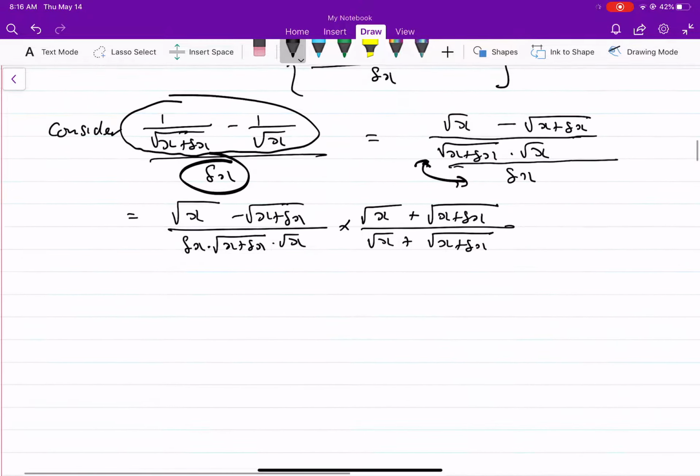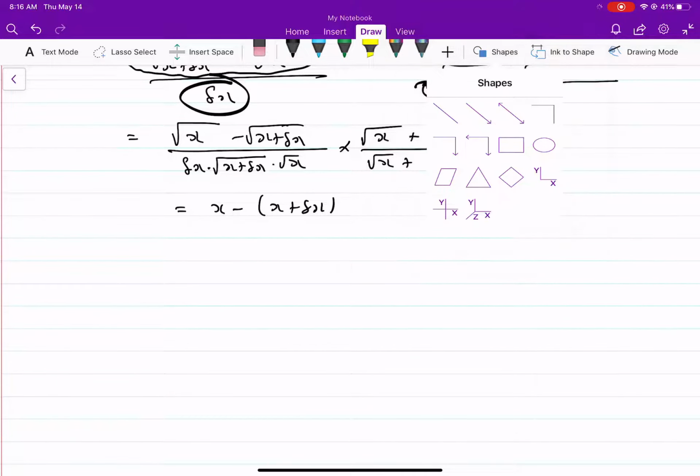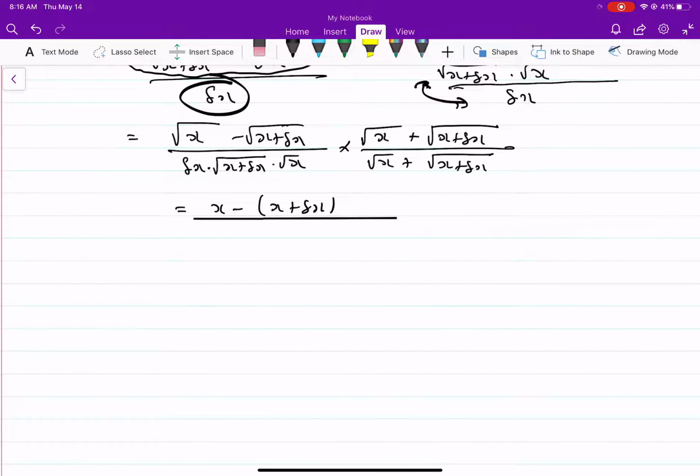Okay, what do we do from here? Multiply across the top. Root x by root x is x, minus root of x plus delta x times root of x plus delta x, which is just x plus delta x. Don't forget, you got to put it in a bracket like that. Upon, the denominator looks interesting.